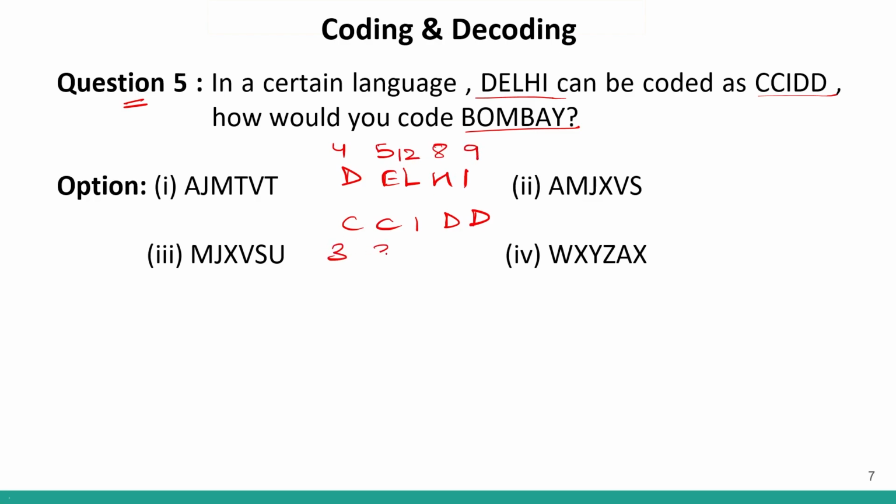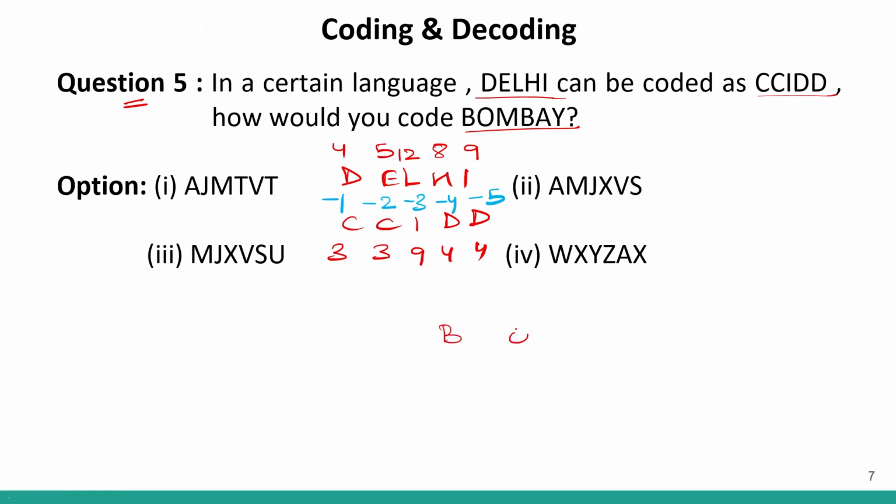C is 3, C is 3, I is 9, D is 4 and D is 4. So now let us see how much is changed. From 4 to 3 is minus 1. From 5 to 3 is minus 2. From 12 to 9 is minus 3. From 8 to 4 is minus 4. And from 9 to 4 is minus 5. So basically reducing by 1 more. Correct? So we will do the same thing for Bombay.